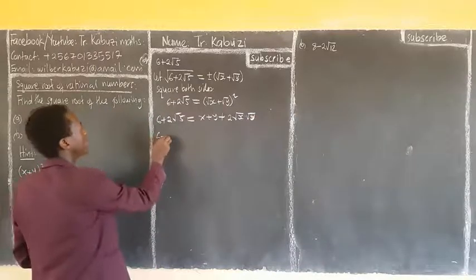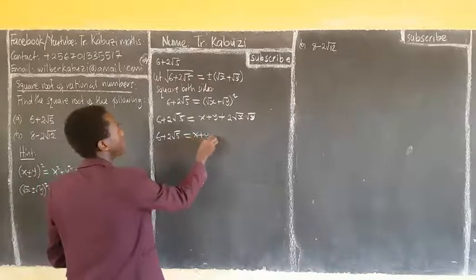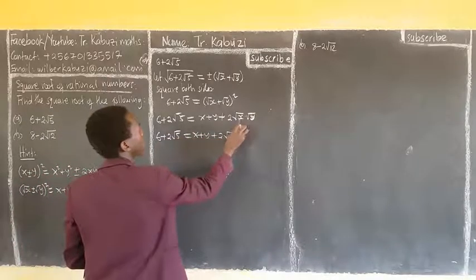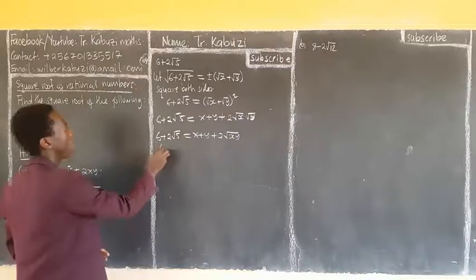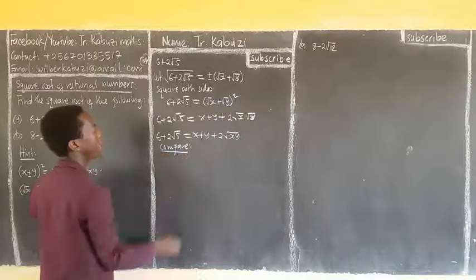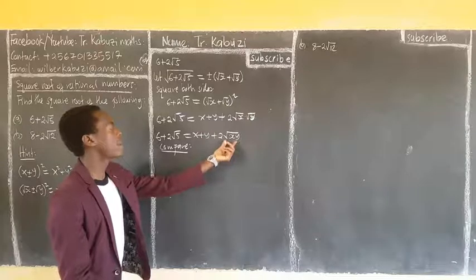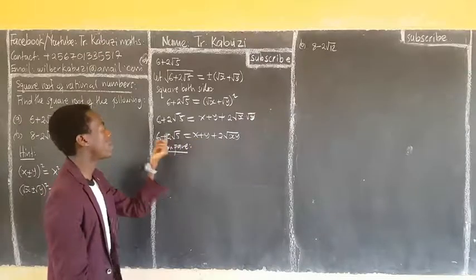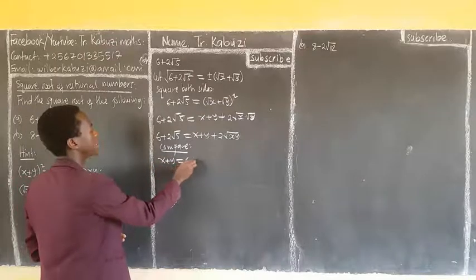From there, you have 6 plus 2 root 5 equaling x plus y plus 2 root xy. This and this we now compress to that. Now here we compare. The one with the square root and the one with the square root, the one without the square root and the one without the square root. So x plus y is going to be 6.